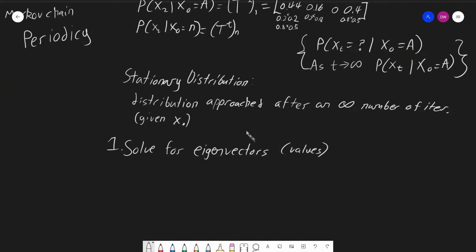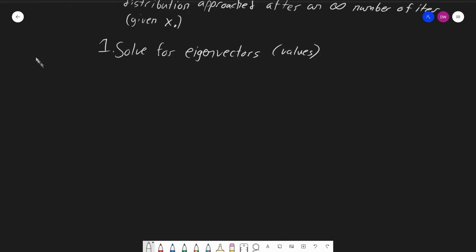To do this one, let us use an entirely different Markov chain. So we're going to have a new transition matrix, and it's not going to correspond to the above transition matrix. So we have a new T, and we'll give it 0.5, 0.5, 0, and we'll make it a 3 by 3.